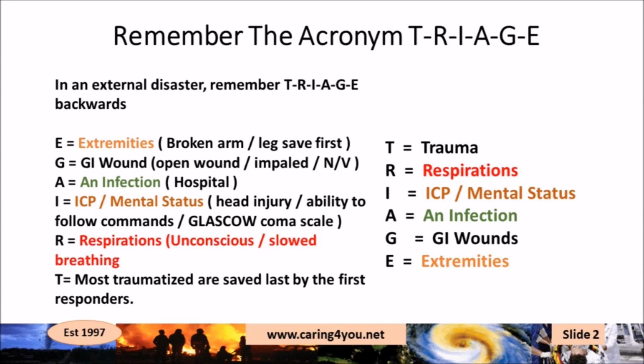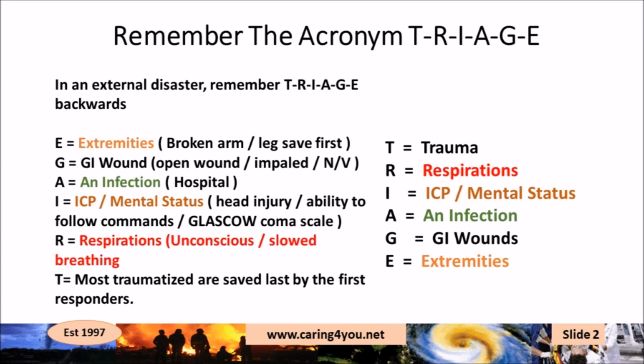After the broken leg, we want to go with G. G stands for GI wound. Examples of GI wound would be something impaled in the abdomen, or maybe even abdominal pain, right? So an impalement, an open wound, nausea, vomiting.